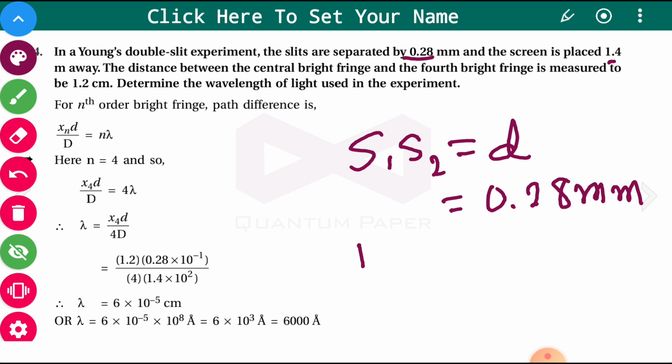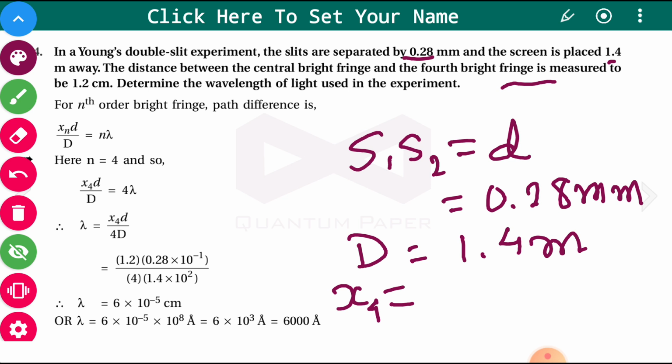So capital D, the distance of the screen, is 1.4 meter. The distance between the central bright fringe and the fourth bright fringe, x4, is given as 1.2 centimeter. Determine the wavelength of light used in this experiment.